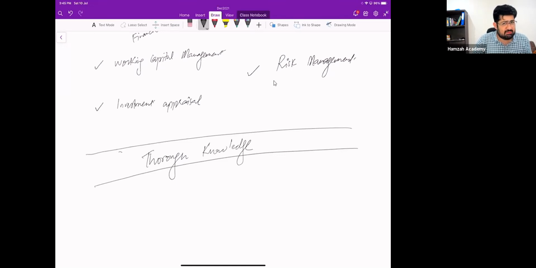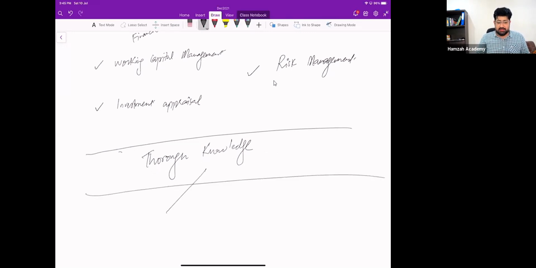You cannot skip any part. And each topic should be conceptually clear. When we say thorough knowledge, we specifically mean command of the theoretical aspects of the subject. That should be good command. Of course, calculations are part of that.